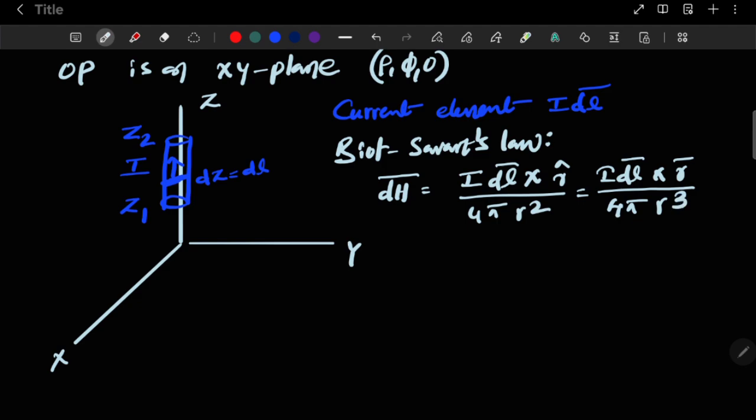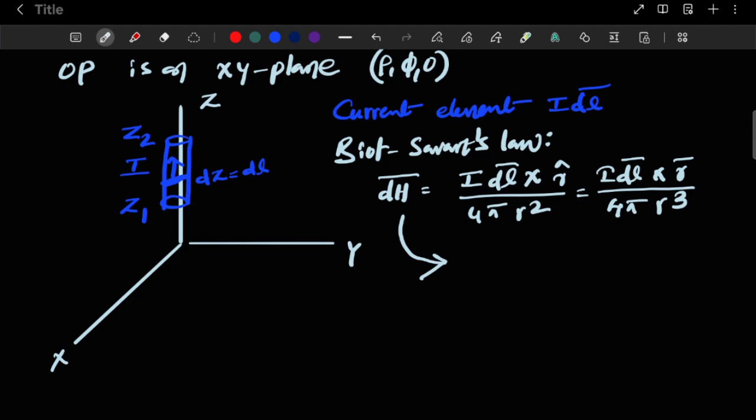So what is the difficulty in finding magnetic fields in comparison with electric fields? In electric fields, the electric field is along the line joining the observation point and the source point. It is very simple. But in the case of magnetic fields, if you see this particular expression by Biot-Savart's law, the direction of the magnetic field is not along the line joining the observation and source.